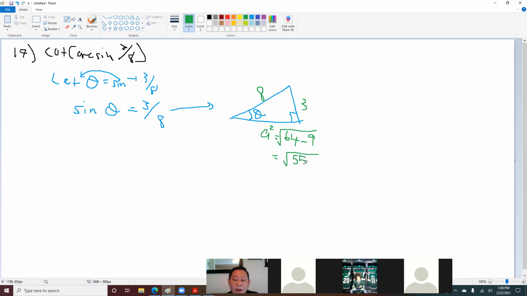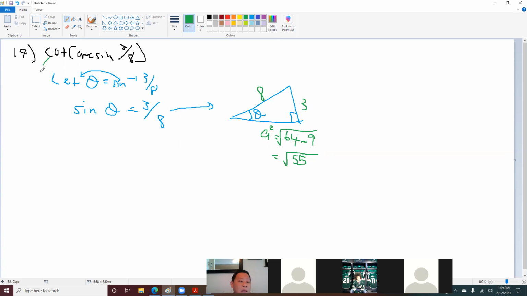Can you break 55 down? Make sure that when you break it down, you simplify it. Can we simplify 55? No, you're correct. Because for 55, the only numbers that go in there are 5 and 11, and 5 and 11 are not perfect squares. 1 and 55 is not good. So this is the reduced form of it.